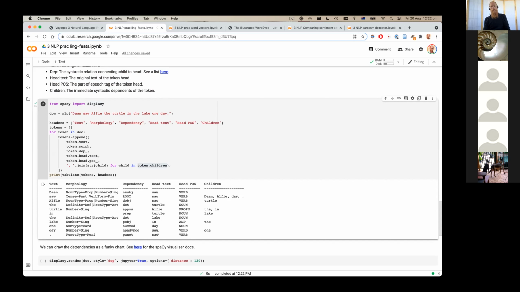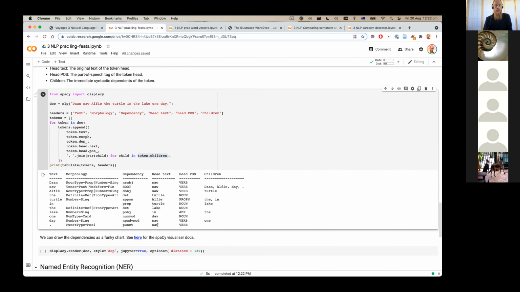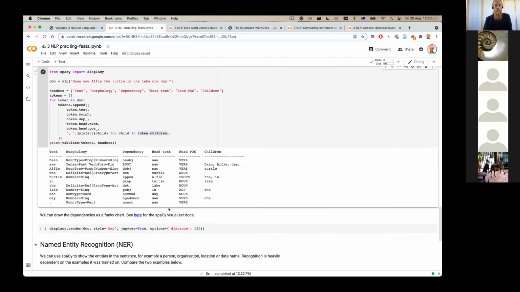You can work out the relationships reasonably well by looking at that column. And then we can see the children of each of the head words. So where a word has children, that means it's a head word. We can see that saw has these children, it also has this child. So it can become more complex, especially as the sentences get more complicated, to understand what those relationships are.